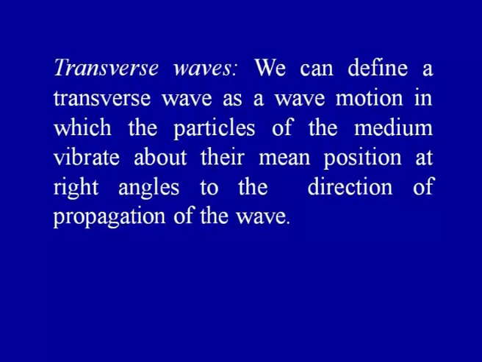We can define a transverse wave as a wave motion in which the particles of the medium vibrate about their mean position at right angles to the direction of propagation of the wave. If the propagation is along the x axis, this means the vibrations are in the transverse plane, in the yz plane.